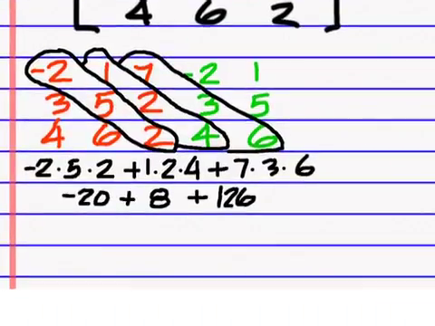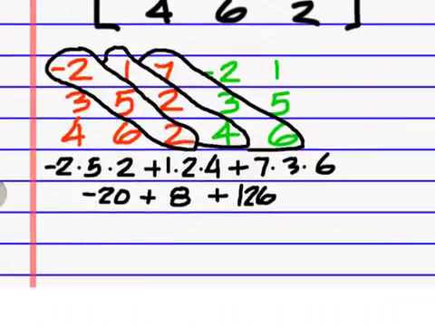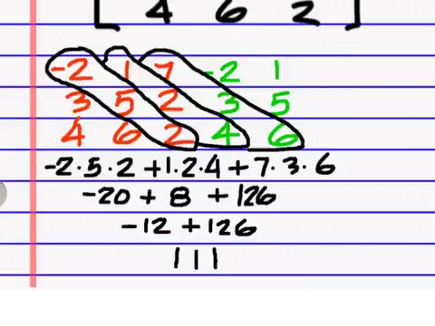Okay, and then from there, we're going to have to continue to add. That would be a negative 12 plus 126, which is 114. And that is just to start with. Hold this number. This is not the final answer.